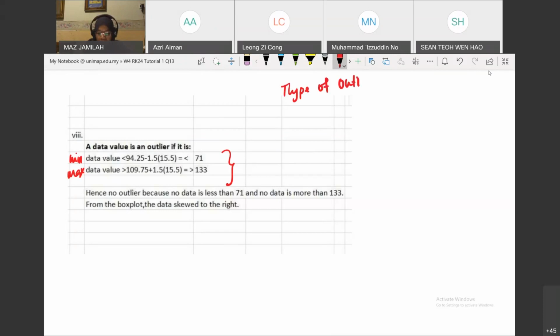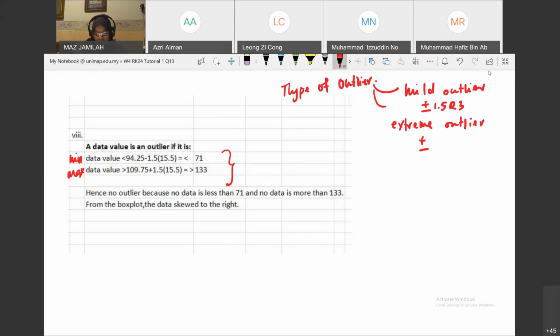Mild or the extreme one? Yes, it's mild outlier or extreme outlier. For mild outlier, you will be based on plus minus 1.5 IQR. For extreme outlier, you will be based on plus minus 3 IQR, sorry, not Q3, IQR.